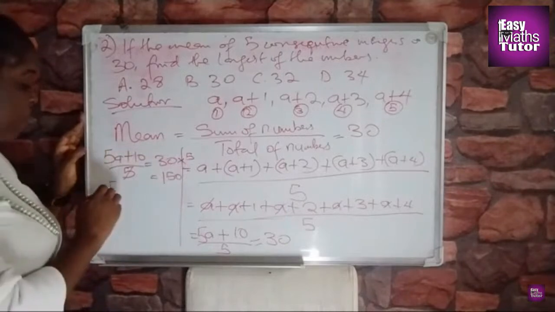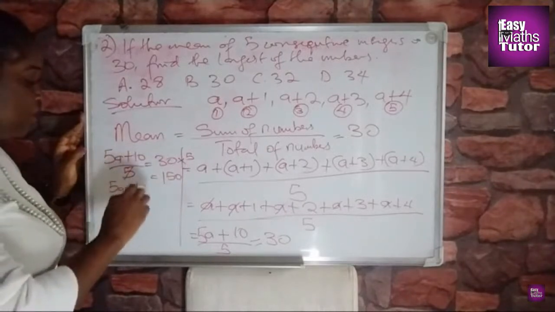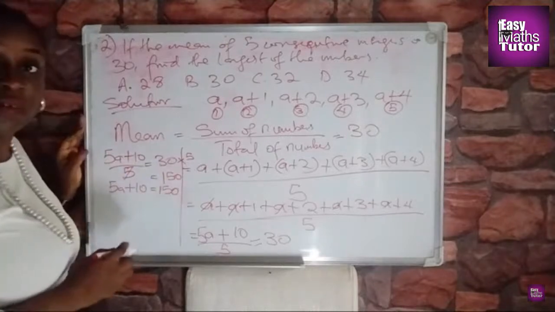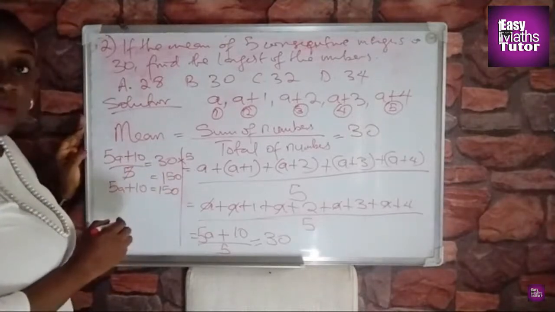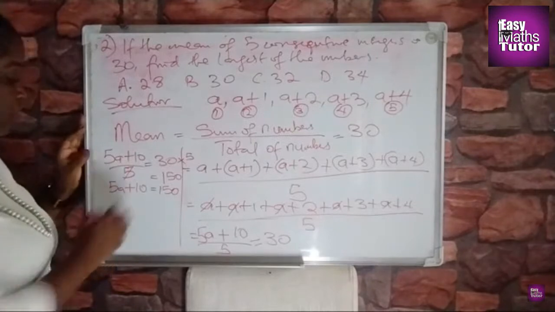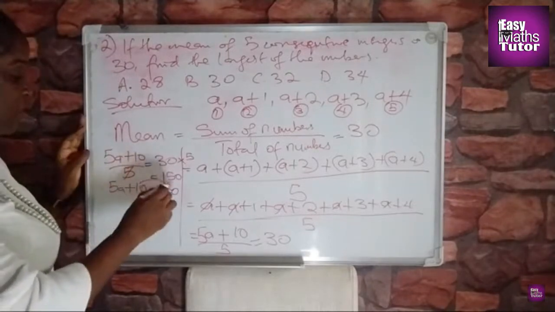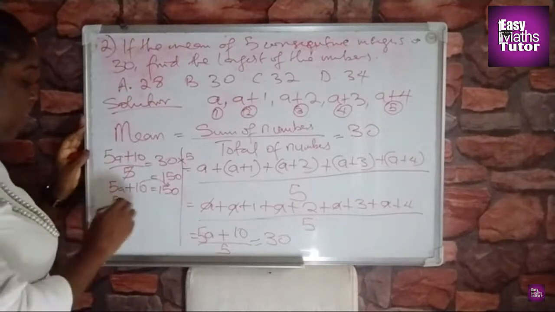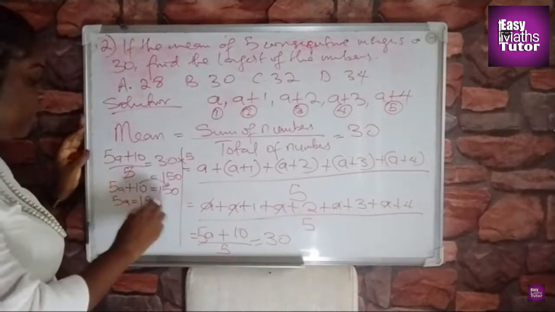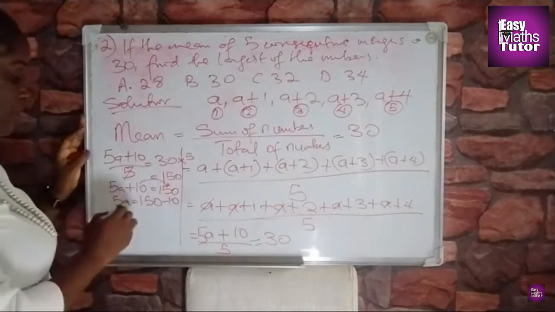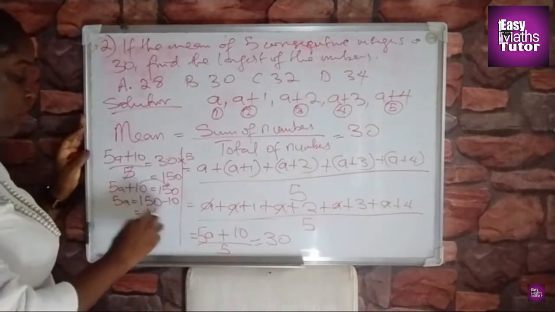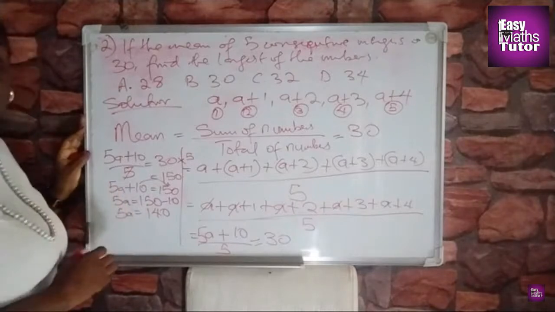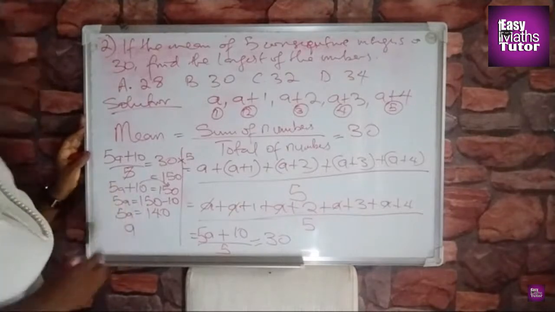So we have 5A plus 10 equals 150. We subtract 10 from both sides, so we have 5A equals 150 minus 10, which is 140. 5A equals 140. So how do we get A?